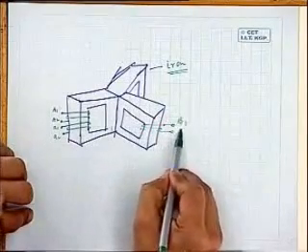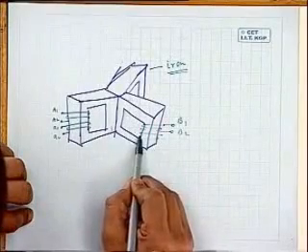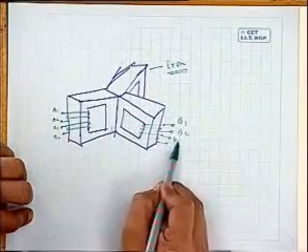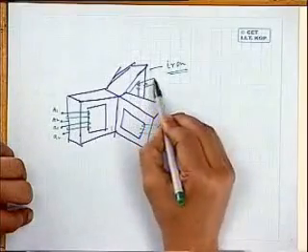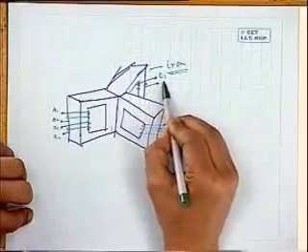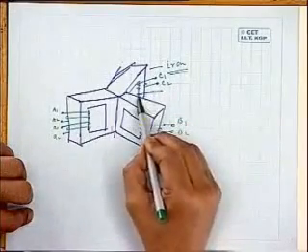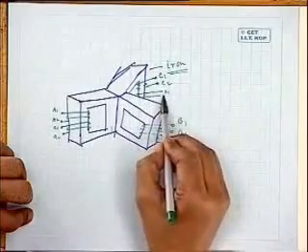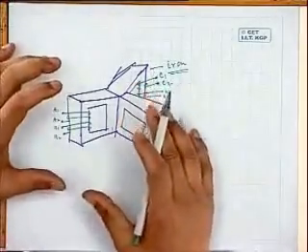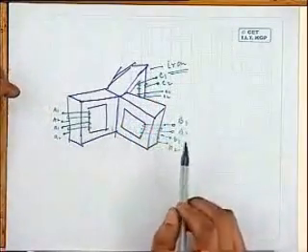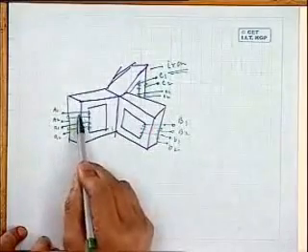Similarly here, I will mark them as capital B1, capital B2, and small b1, small b2. And on this side, capital C1, capital C2, and another winding here, small c1, small c2. Are you getting it? It is a common magnetic circuit.